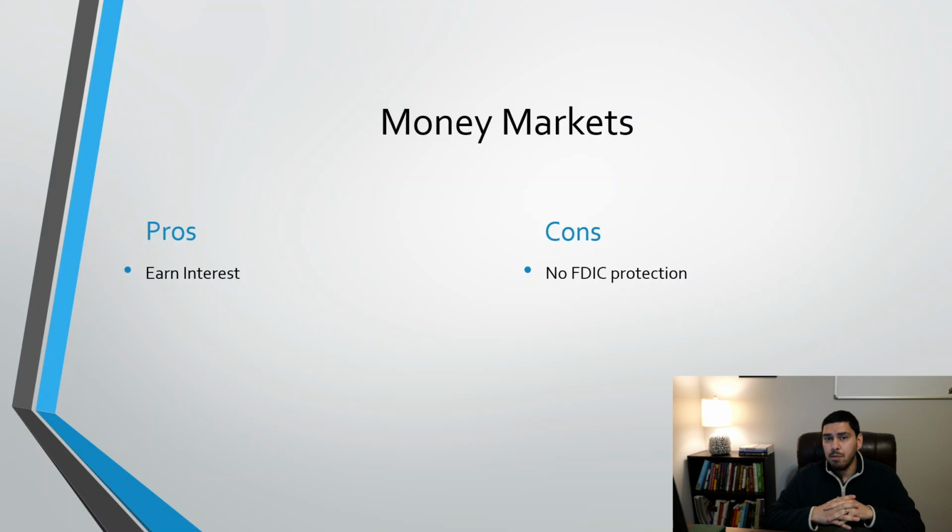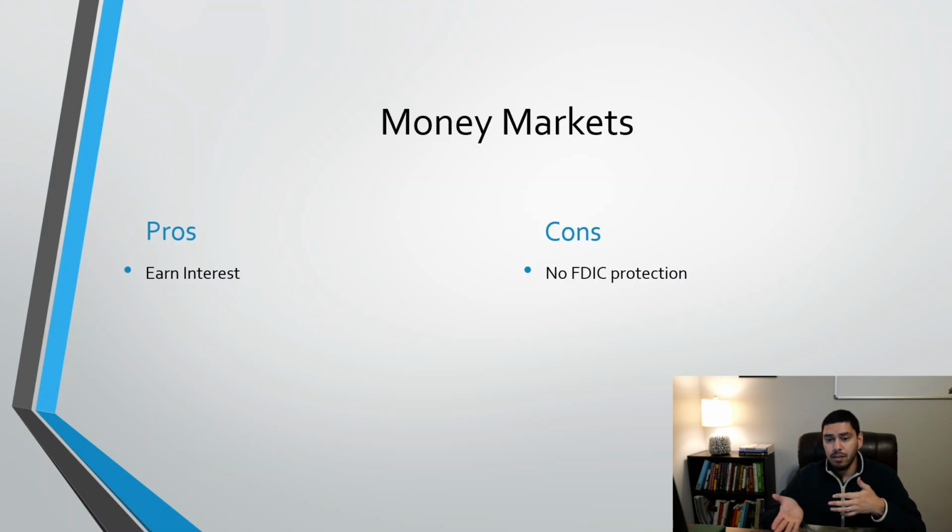The con of money market funds is that they're not insured by the FDIC. So if the fund goes bankrupt, you won't be getting saved by the FDIC. Remember that the FDIC, the Federal Deposit Insurance Corporation, is the entity that insures bank accounts. If the bank goes bankrupt, you get your money back from the FDIC.